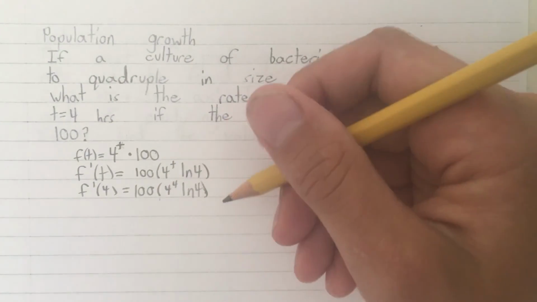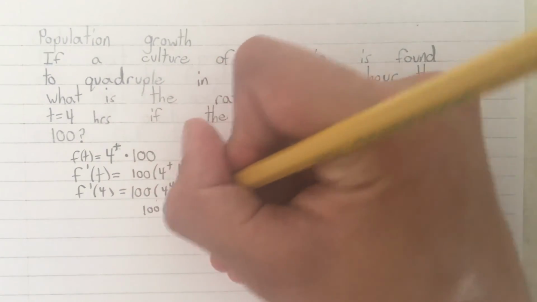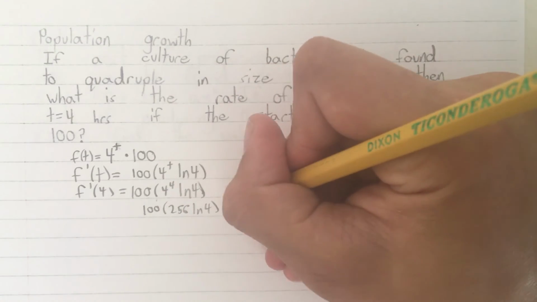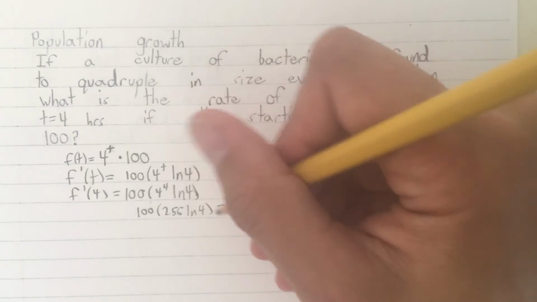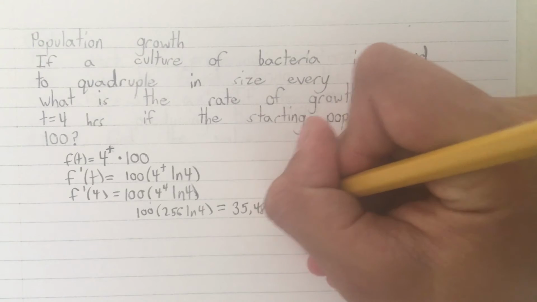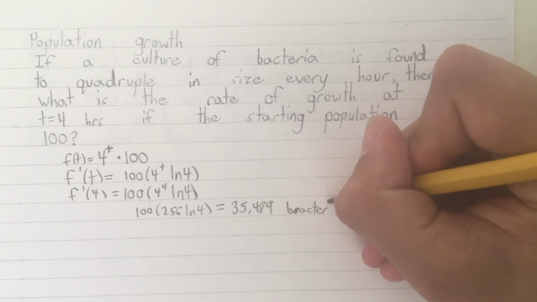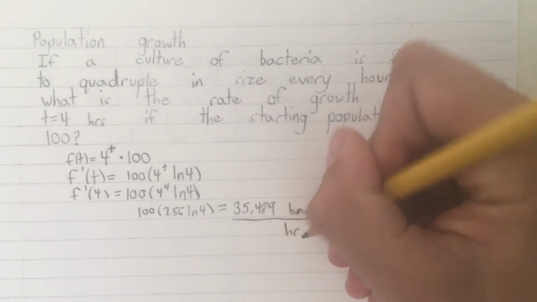And so we do that, we get 100 times 256 ln 4. And then when we plug that in, we get a very large number. We get 35,489 bacteria, roughly. Bacteria per hour, since it's a rate.